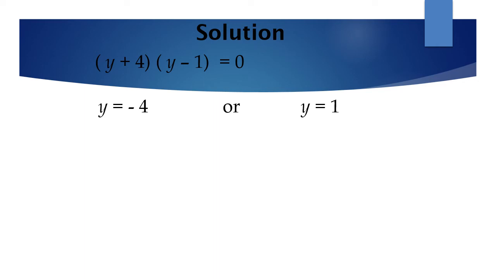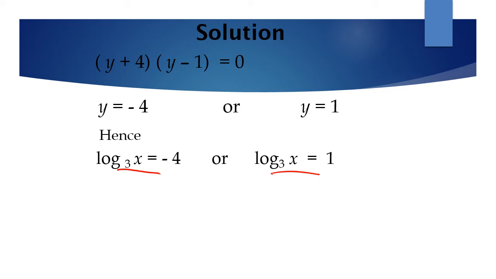Is this the final answer? No, because we want to find x. So replace y back with log to the base 3 of x. So we have log to the base 3 of x equal to negative 4 or log to the base 3 of x equal to 1. To solve, we change this log form back into index form.